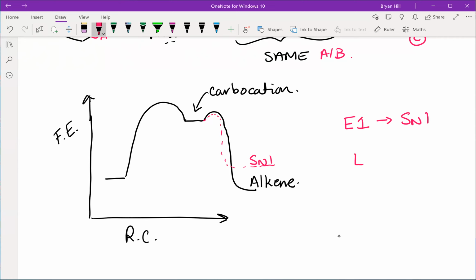Typically what would happen is you would do an E2 elimination, and so there is no opportunity for SN1 to take place. So from a practical standpoint, E1 eliminations aren't as particularly useful as an E2.